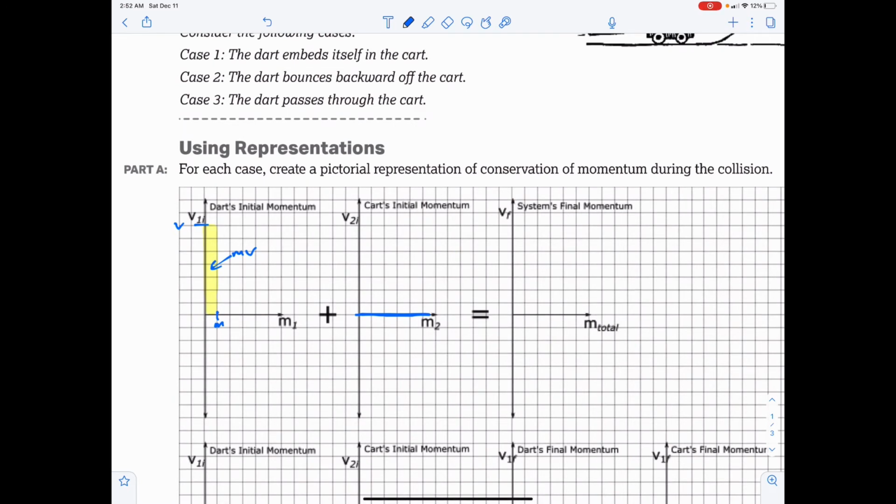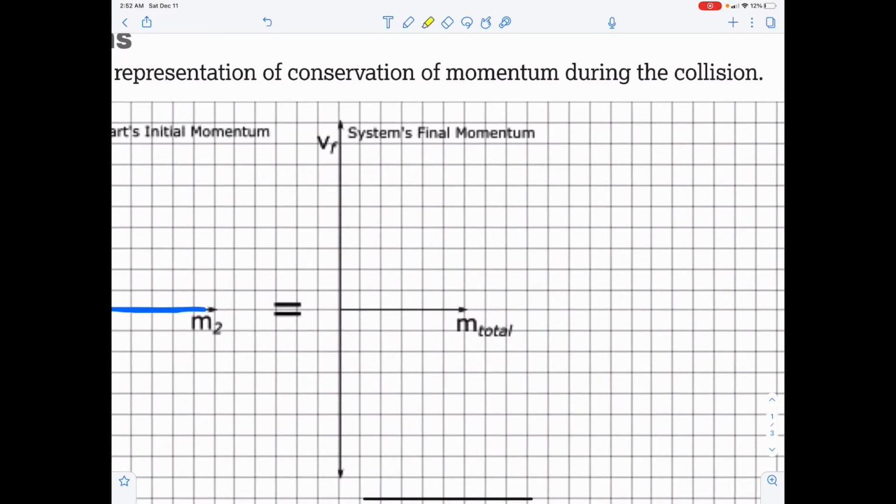The momentum of the cart is significantly bigger. So it's going to be little m plus more. So I'm going to shade 6 boxes over. This right here would include little m plus big M, all of it.